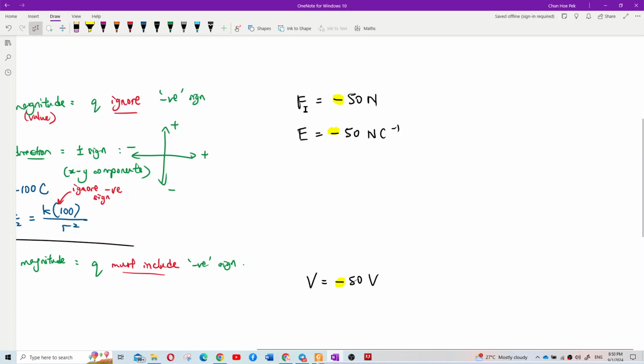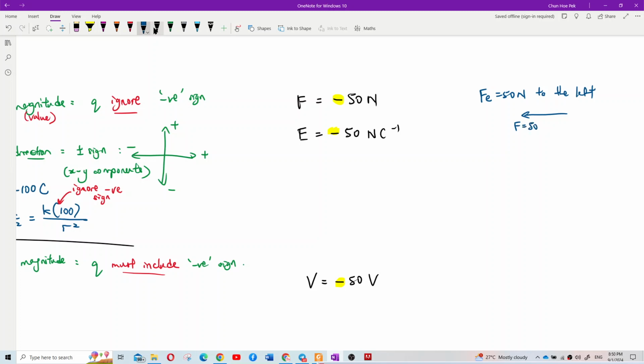If I have electric force negative 50 Newton, it can mean that the force is 50 Newton to the left. Because it's a vector, understand?